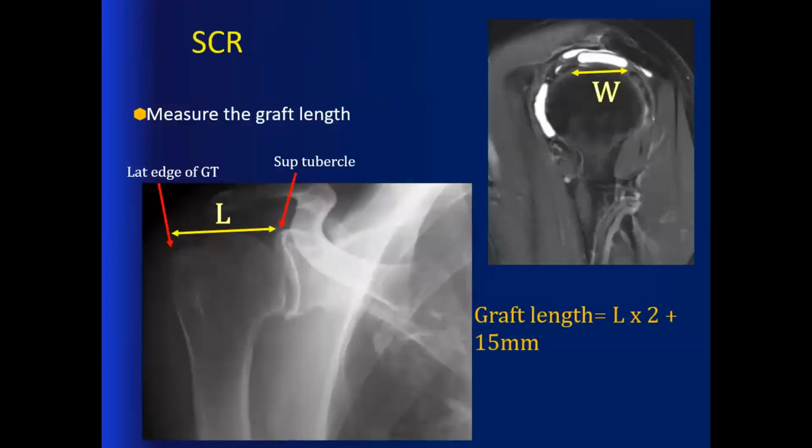Now coming to the measurement of the graft length, we have to measure the distance from the lateral edge of the greater tuberosity to the superior tubercle, and also in the sagittal section, we have to measure the width. With that length, we have to add 15 millimeter extra.